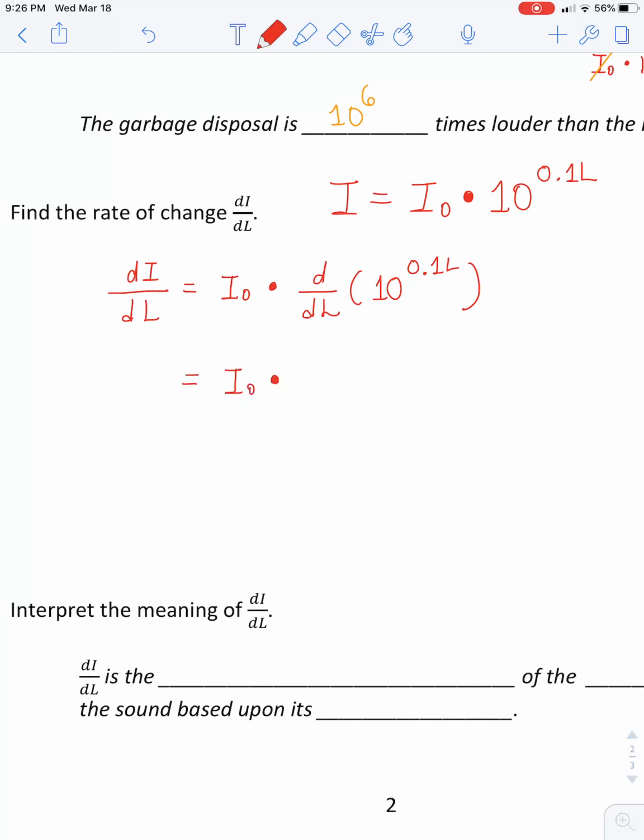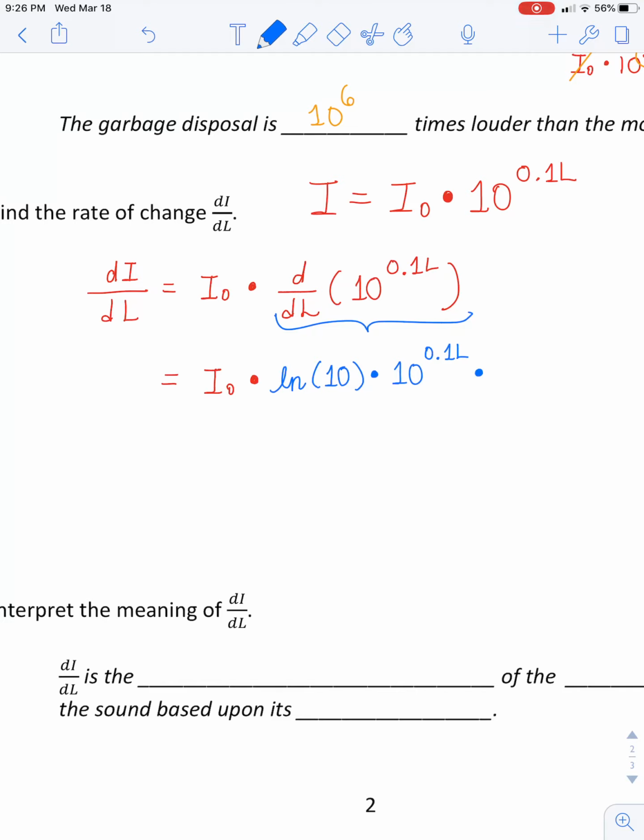Okay, so what's that going to be? I naught times this guy right here. This is an exponential expression, so you will need your natural log of 10 times that same expression, 10 to the 0.1 L, and use the chain rule to find the derivative of the exponent.